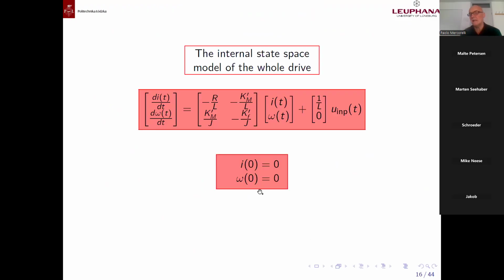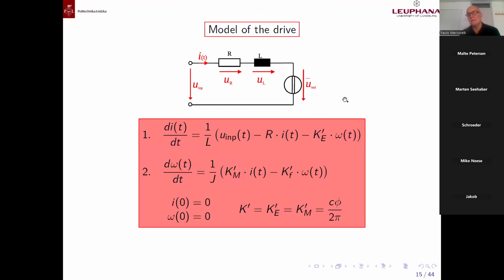One second, I don't know where it is. Here. Here I called it Ke apostrophe, which is equal to Km apostrophe. The apostrophe is just a way to distinguish radians per second instead of rounds per minute or per second.